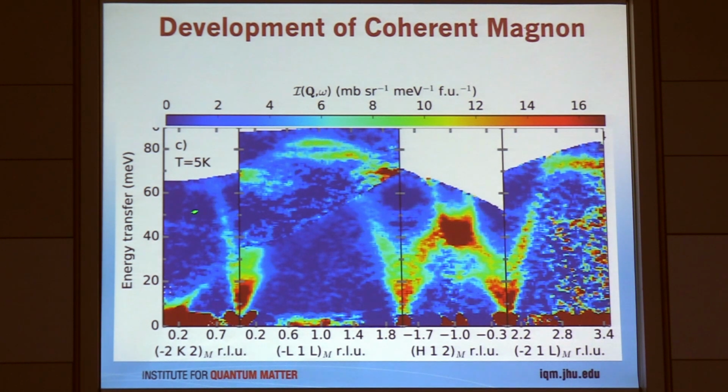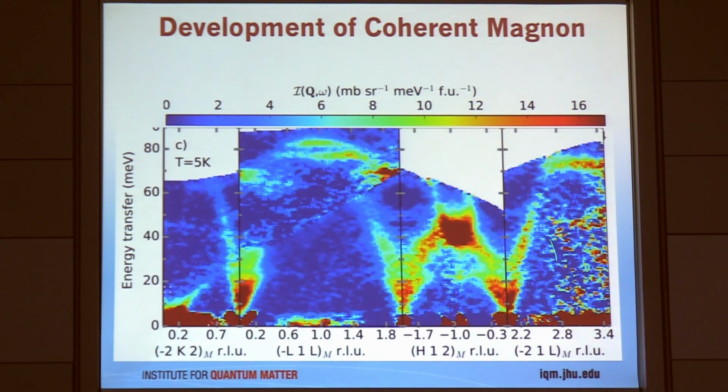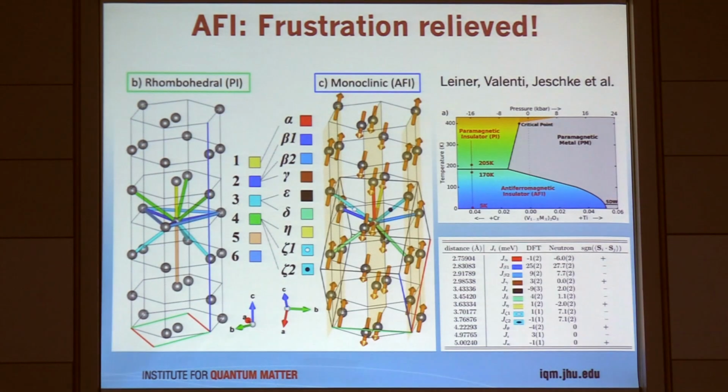But then what one finds at low temperatures is the development of a coherent magnon-type excitation. From these kinds of data, we can then refine exchange constants and obtain this kind of calculated spin wave intensity, and we can then compare the exchange constants that one obtains using DFT and using neutron scattering in the monoclinic state, and those are in pretty good agreement.